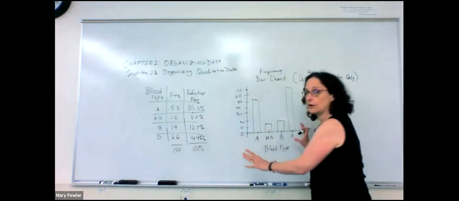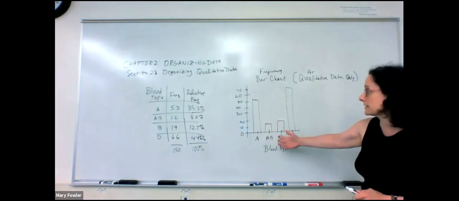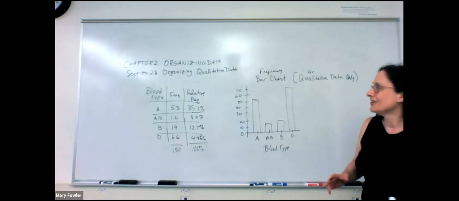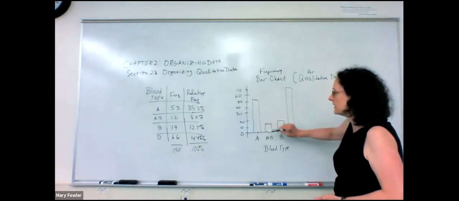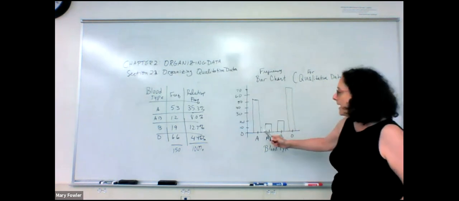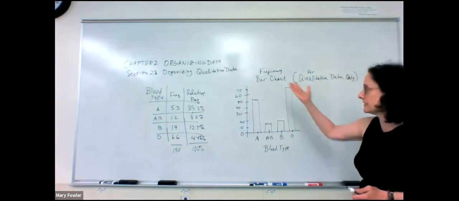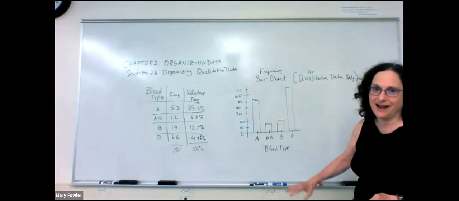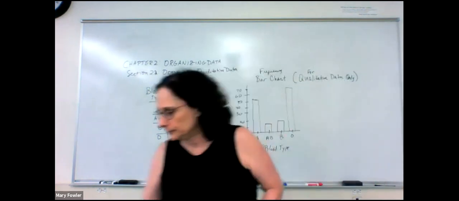If I ask you to produce a frequency bar chart, this is what I expect. The grading scheme would be, say if it was 10 points, you would get 3 points for the axes, 3 points for the bars to be about the right height, and 3 points for that space. So this would be our full credit. Even though it's a little messy, you would still get full credit.